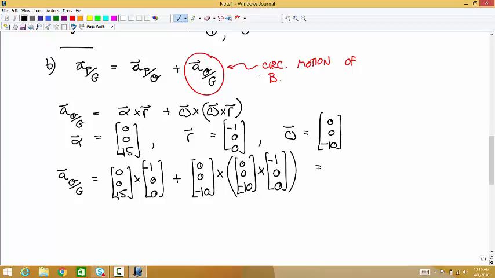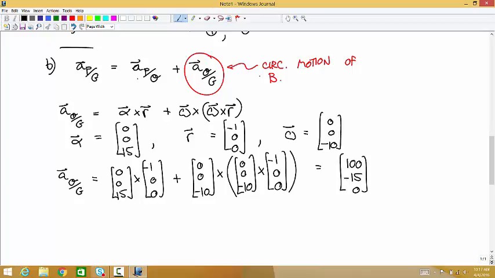Okay, can someone plug that in? Okay, 100, negative 15, 0.